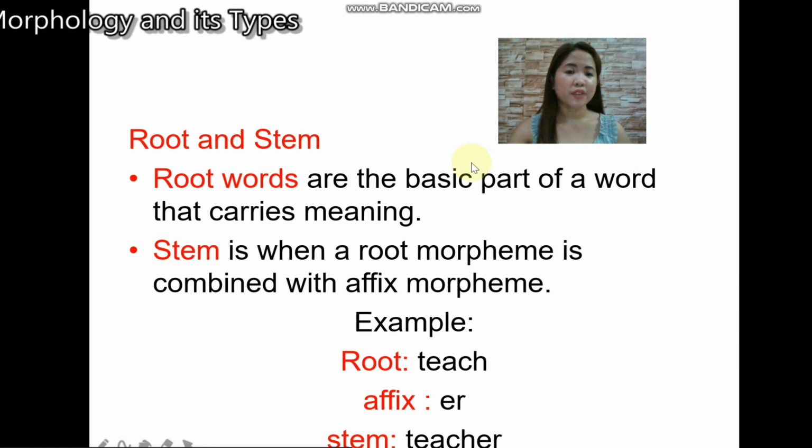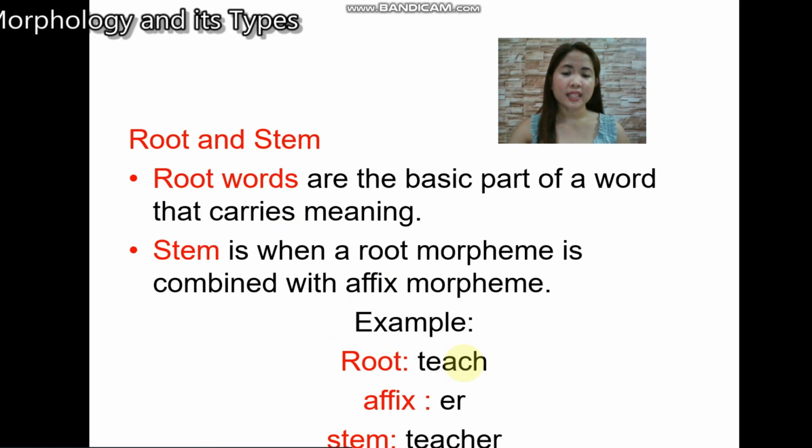Then we also have the root and stem. The root words are the basic parts of a word that carries meaning, while stem is when a root morpheme is combined with affix morpheme. Say for example, we have here the root word teach.